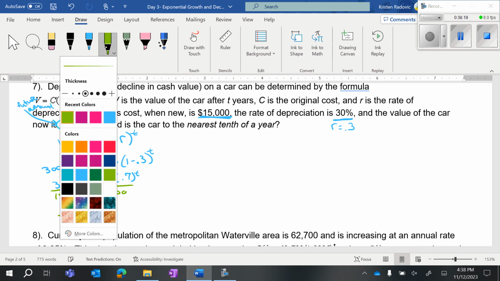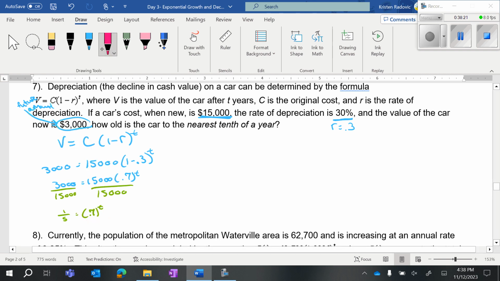If you want to solve, we know how to switch this to a logarithm. So you would keep the base. The base is on the right, so you would write log base 0.7 on the right and switch the other 2 values. That means 1/5 goes to the right, and the t on the right goes to the left.